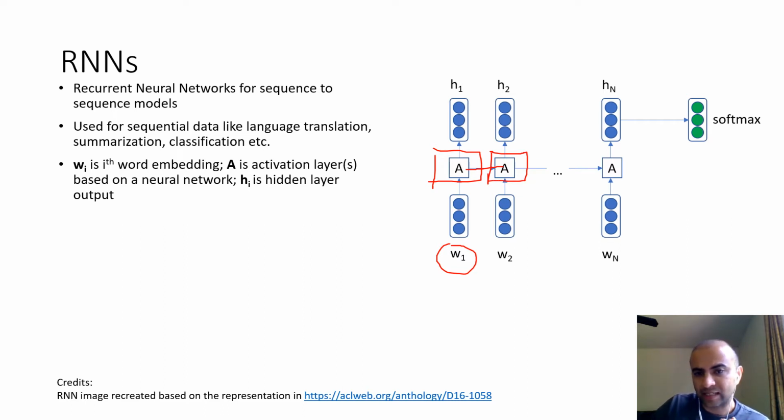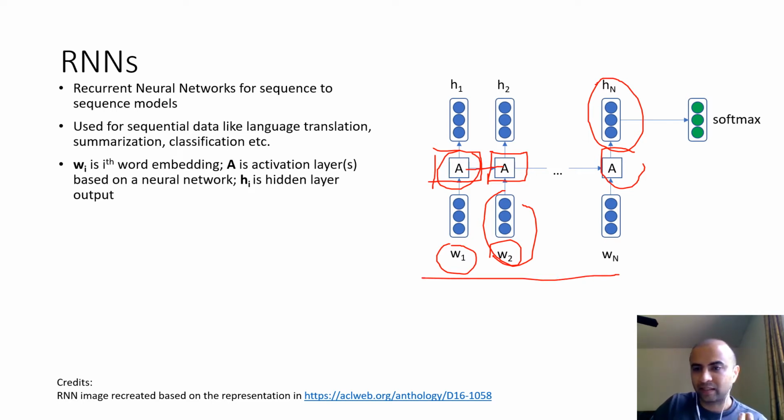So what this does is the word 2 activation learns the features of word 2 as well as word 1. That way, when a sentence is formed at the end, this hidden layer output has learned features from all the words that came before it. And that is passed on to a softmax layer for output.